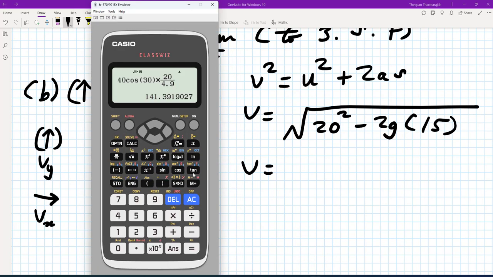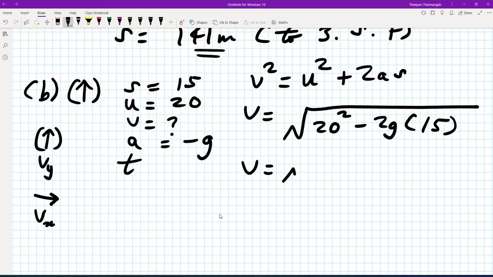So we can do that straight away. 20 squared minus 2 times 9.8 times 15 gives me 106 for Vy squared. So don't forget, I'm going to call this Vy, so Vy is the square root of 106.